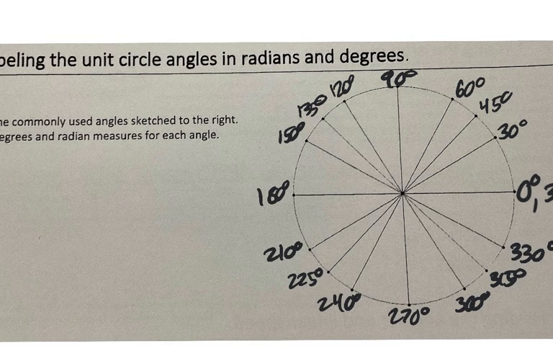And then 30 more puts me back at 360 degrees. 360 puts me back where I started. You okay with those? And so these have to be quick, almost automatic.